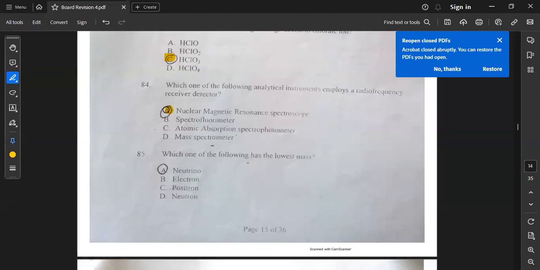Neutrino has the lowest mass. Electron and positron have the same mass, so we eliminate both of them. Neutron has a very big mass; we know it contributes to the atomic mass. So number 85, A for neutrino.